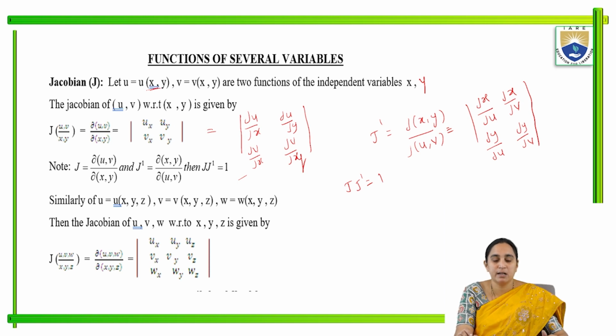Similarly, if you take three variables, u function, v function and w function, the formula is the same as before. J of u, v, w by x, y, z is equal to dou of u, v, w by dou of x, y, z, which is the determinant of u x, u y, u z, v x, v y, v z and w x, w y, w z.